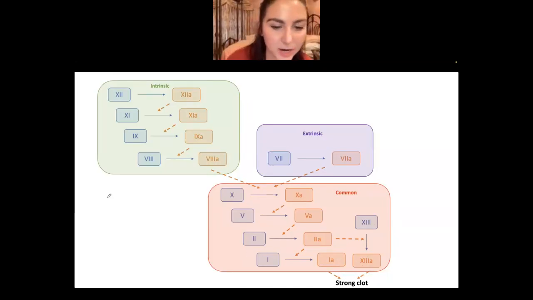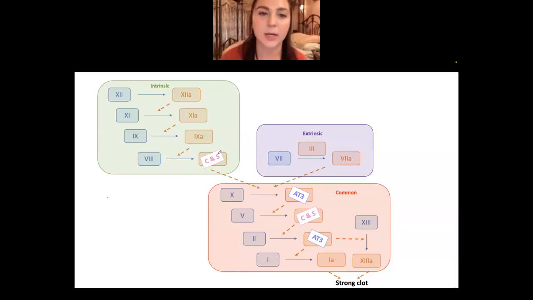This is how we're going to go through the whole cascade. And where protein C, protein S, and antithrombin 3 are working, their goal is they're blocking 8A here, 5A down here in the common pathway, and then antithrombin 3 is blocking 10A as well as 2A, which is thrombin.